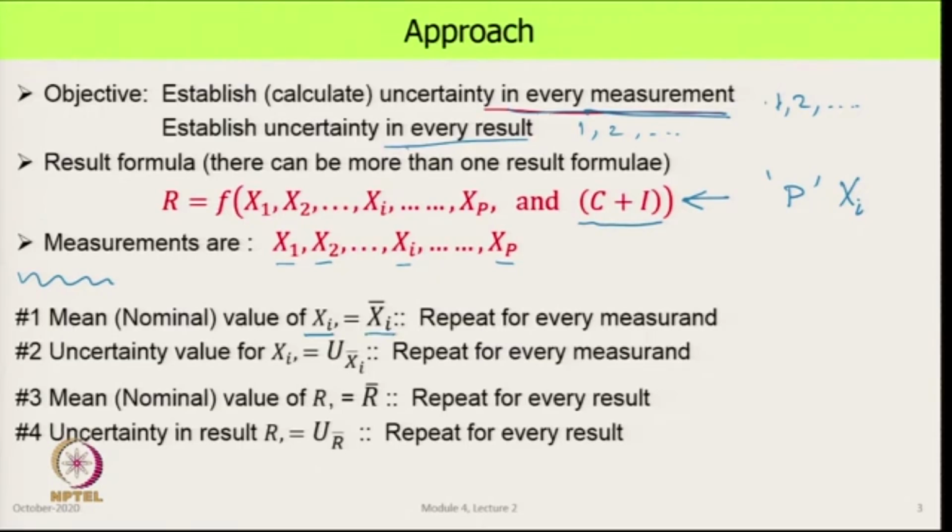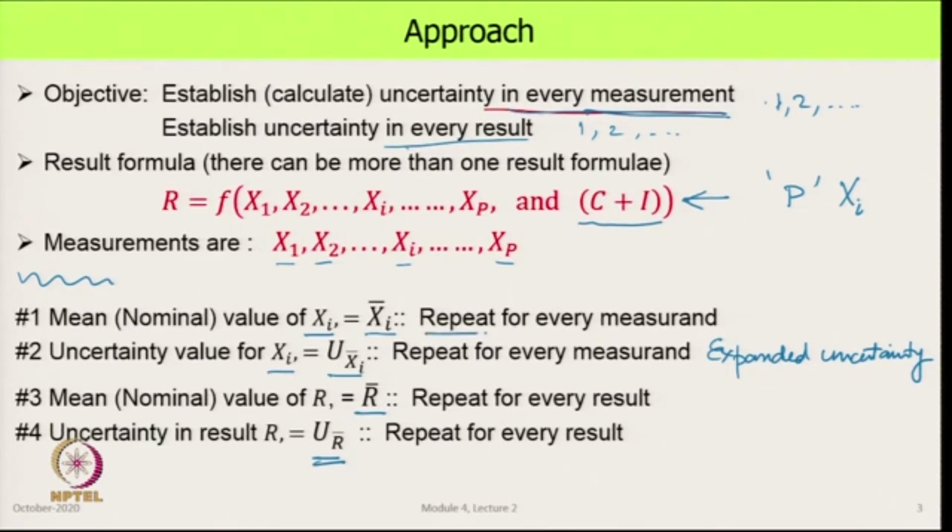Then we can calculate the uncertainty for each of the measurands, which is capital U x_i bar. This is also the expanded uncertainty, as we have seen earlier. Then we will calculate the mean or nominal value of the result, which is R bar, and then the uncertainty in the result, or the expanded uncertainty in the result, U R bar.